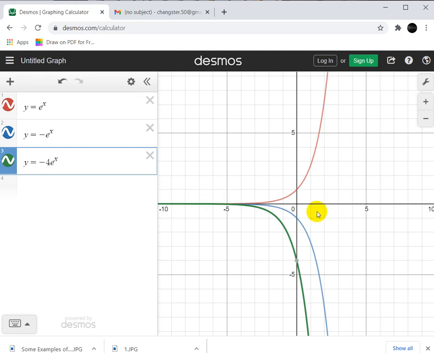As you can see, it's a little hard to tell, but it's going to vertically stretch. If it were something between 0 and 1, like 0.4, that's going to vertically compress. It's just in the opposite direction. So yeah, a little hard to visualize, but that's generally how that one would work. Okay?